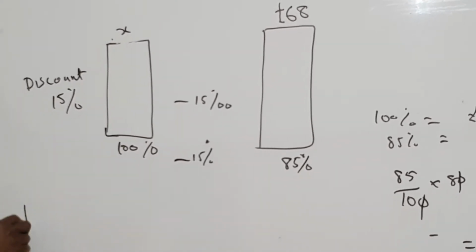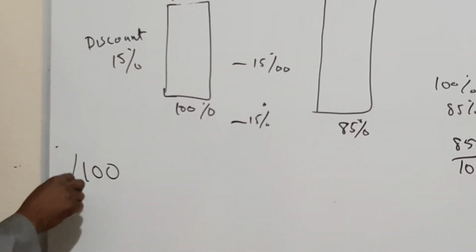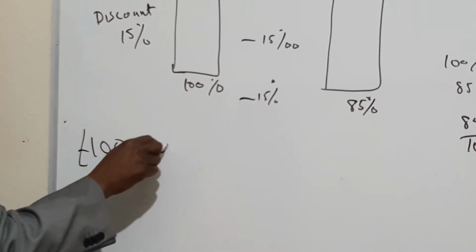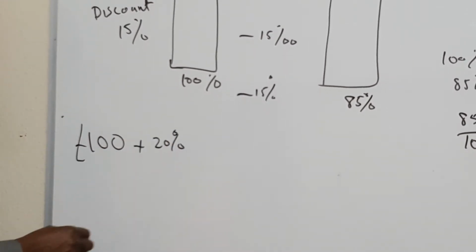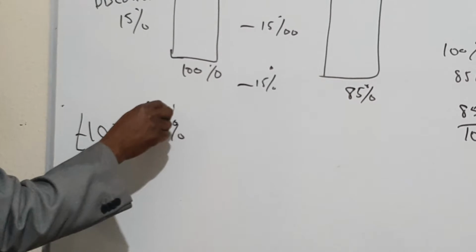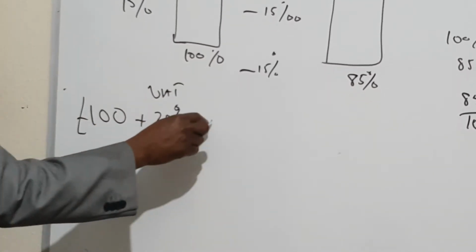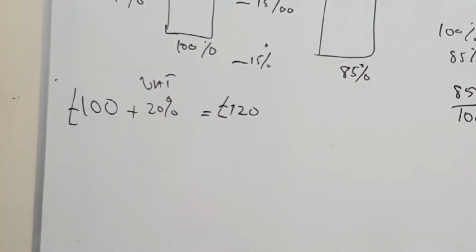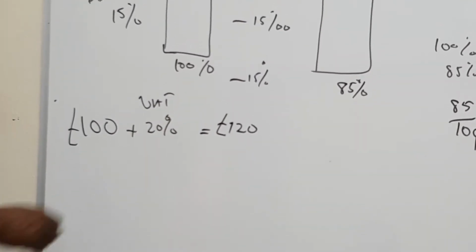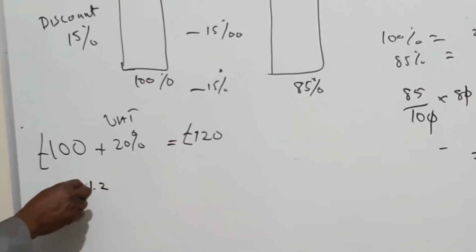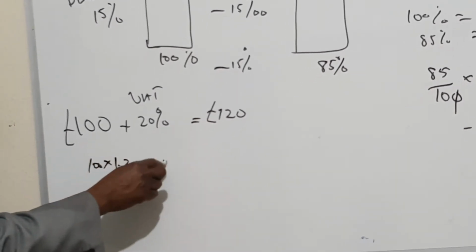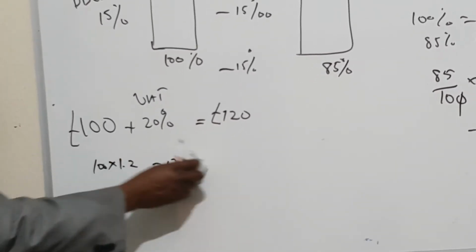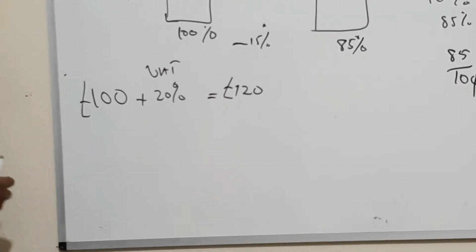When you have a good of 100 pounds, they add 20% VAT. So the new price will be 120 pounds. How do I get 120 pounds? The multiplier for 20% is 1.2 times 100, which is 120.